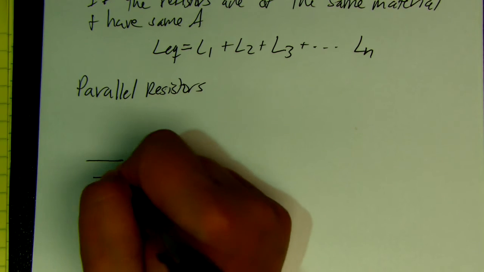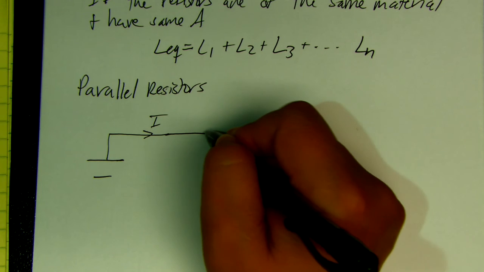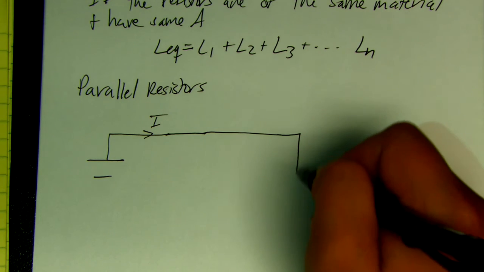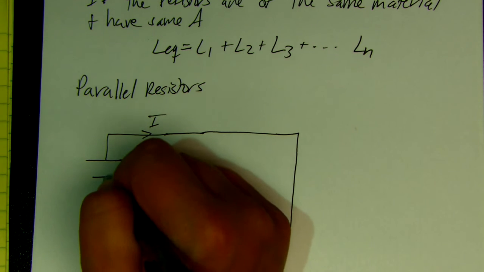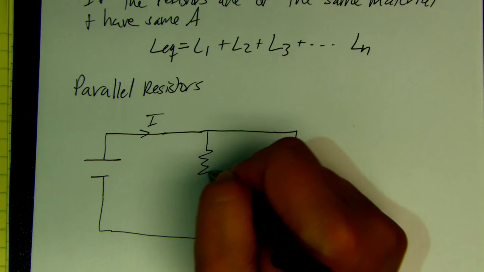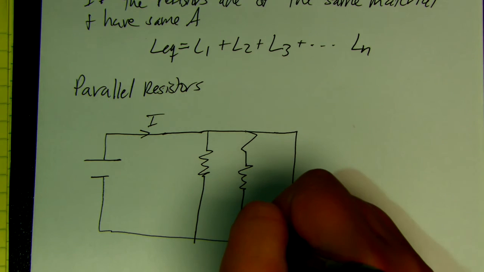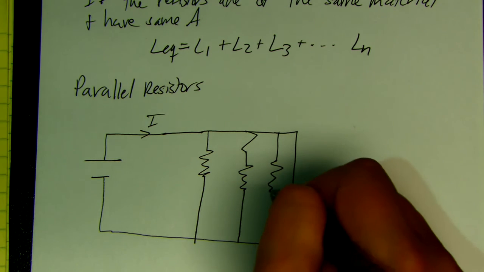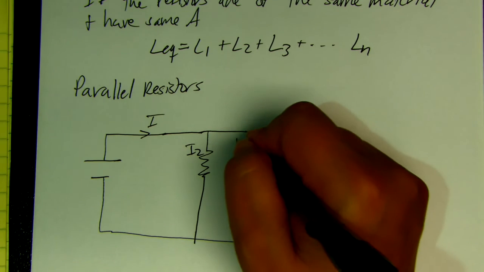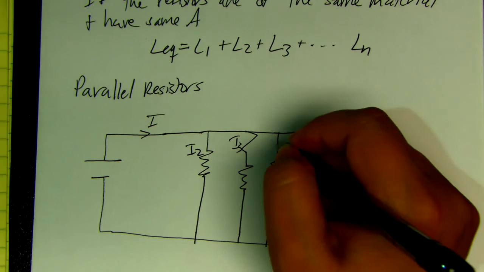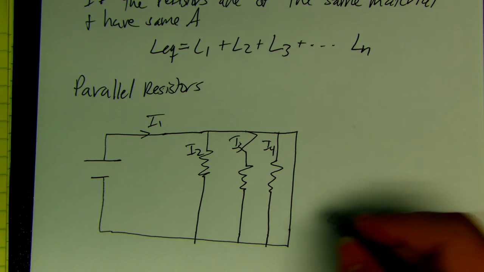So for this, you have your current coming around, I, and so the current's going to split to go down these different paths.